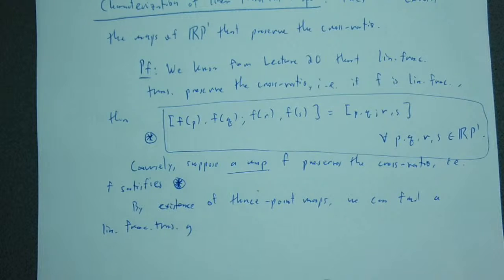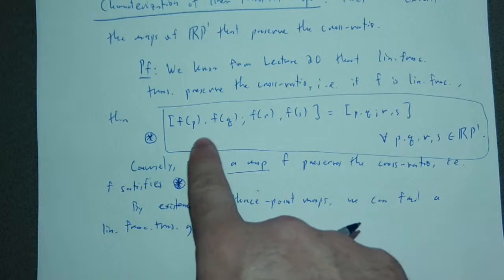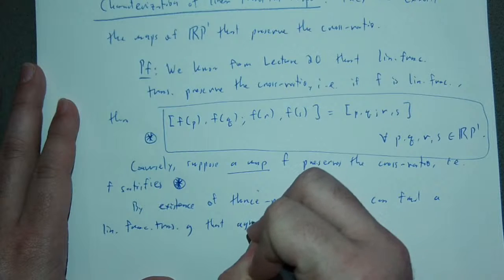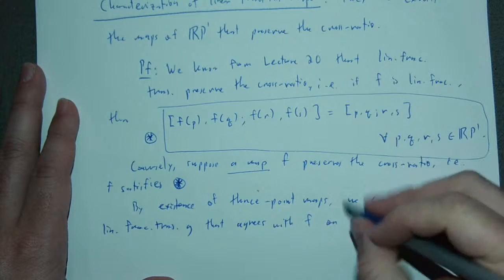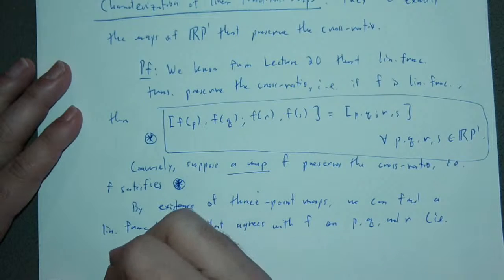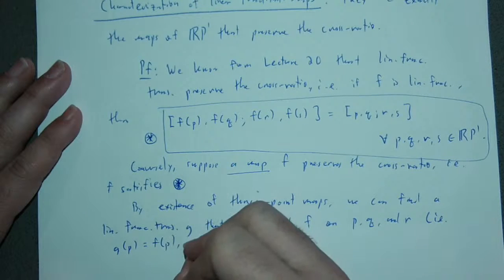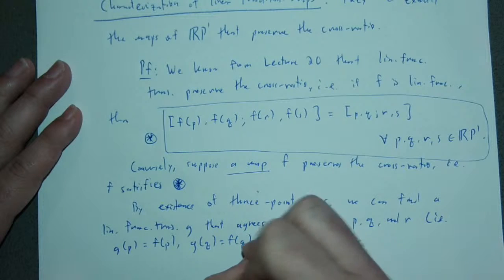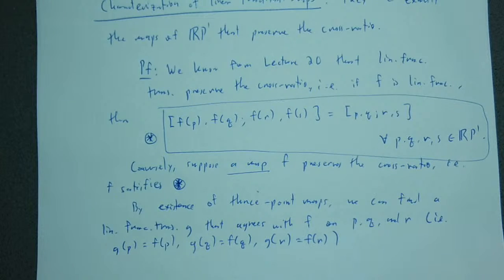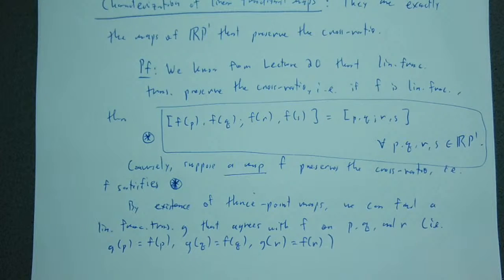By the existence of 3-point maps, we can construct a linear fractional transformation G that maps P, Q, and R to f of P, f of Q, and f of R. We can find a linear fractional transformation G that agrees with f on P, Q, and R. Another way of writing this: G of P is equal to f of P, G of Q is equal to f of Q, and G of R is equal to f of R. We find that by using the 3-point map, PQR to f of P, f of Q, f of R, using that projection that we constructed when we did this 3-point map.